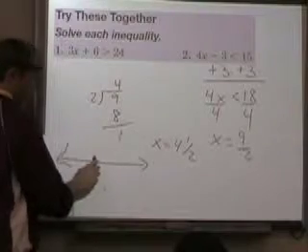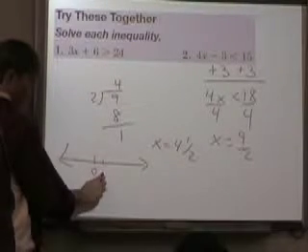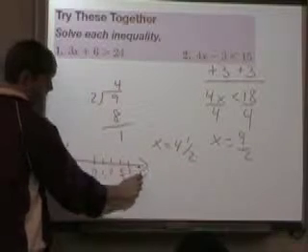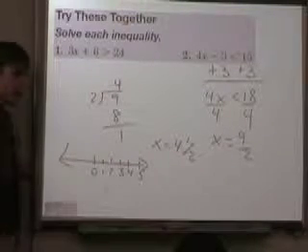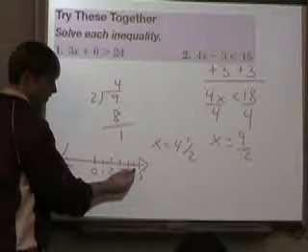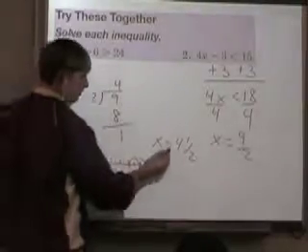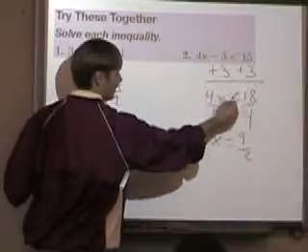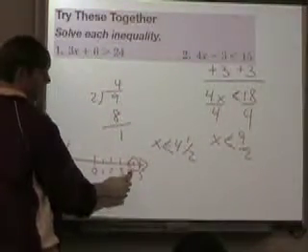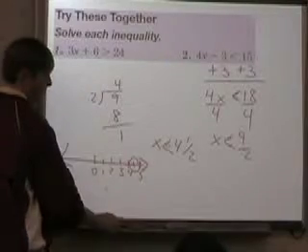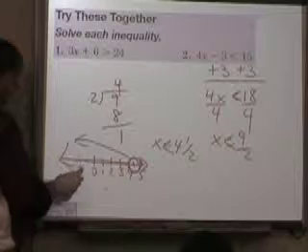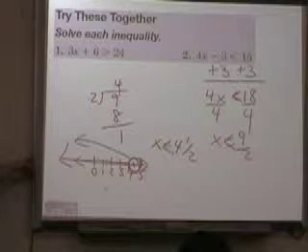If this is 0, we've got 1, 2, 3, 4, and 5. 4 and a half's in the middle of 4 and 5, isn't it? So it's right there. Open circle. It's supposed to be less than. So it's an open circle to what direction? To the left. You understand?